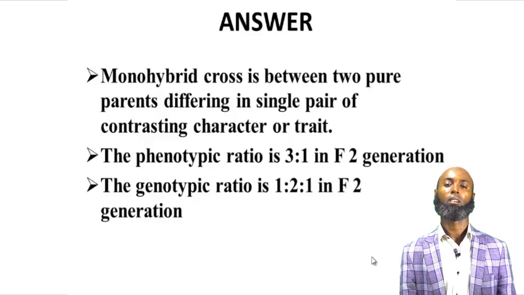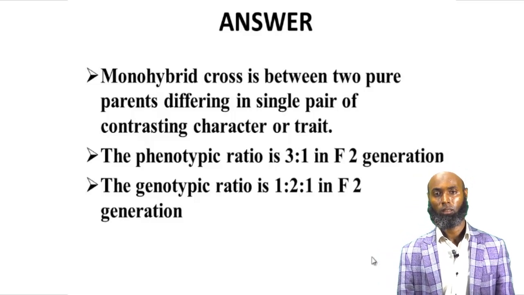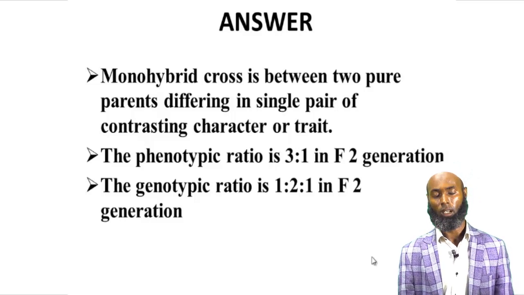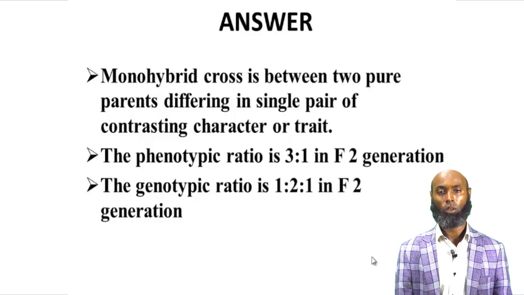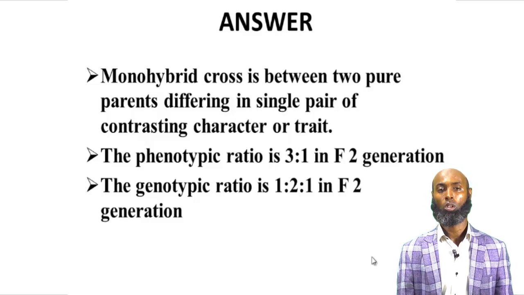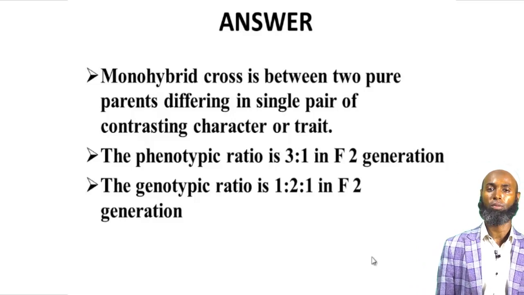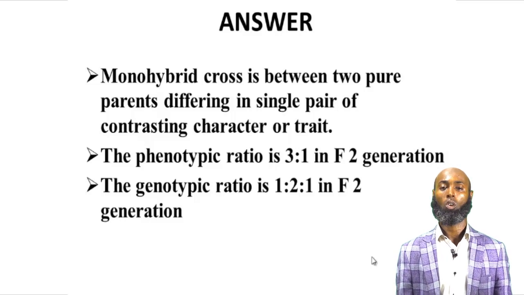One parent had purple color, the other parent had white color. So the difference was the color of the flower. So a monohybrid cross is a genetic cross between two pure parents differing in a single, or one, pair of contrasting characters or traits.